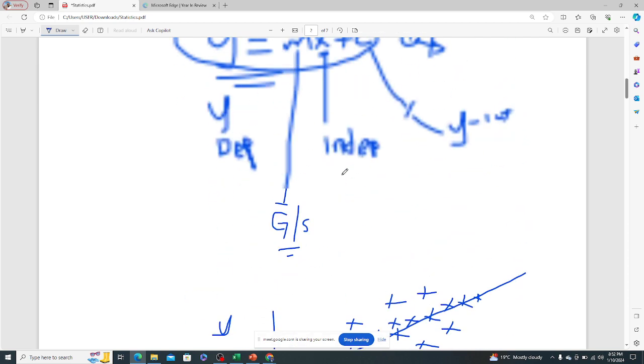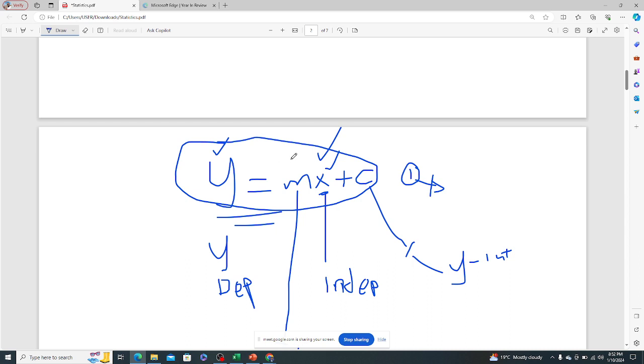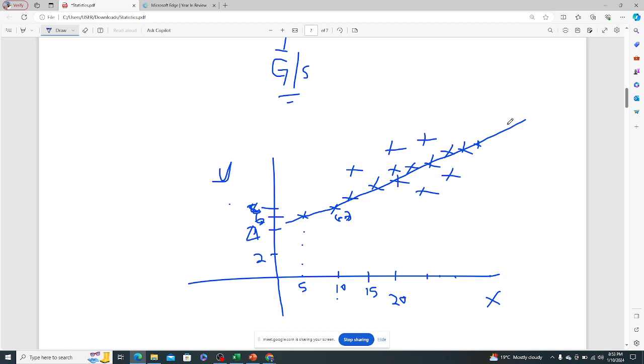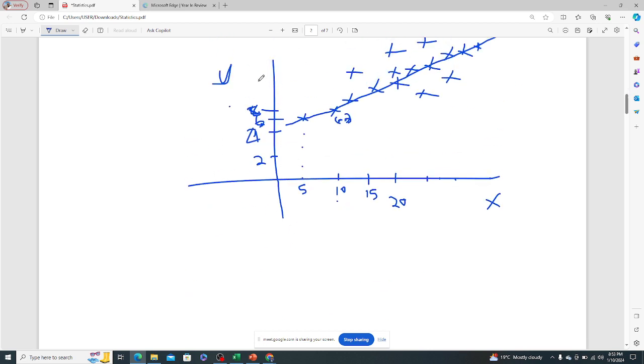Okay, so of course if we want this, we will only get two constants, that is m and c, that is the slope, or gradient, and then the y-intercept. Of course we know the y-intercept, it is the point where our straight line cuts the y-axis.